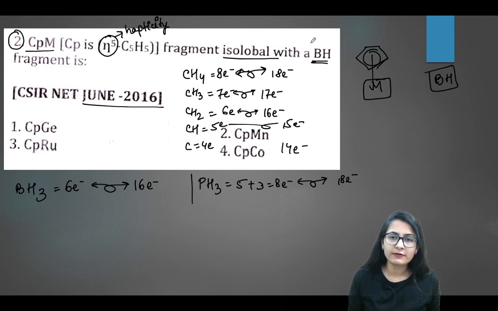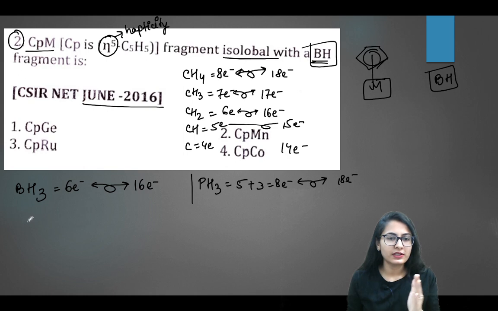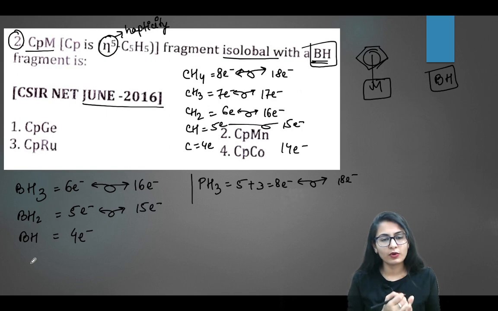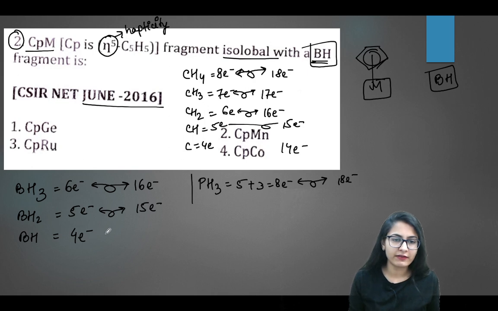For the BH fragment, we start with BH3 corresponding to 16 electrons. BH2 has 5 electrons, 1 electron short, corresponding to a 15 electron system, 3 holes. The BH fragment has 4 electrons. Why? Because boron has 3 electrons, 2s2 2p1, and 1 from the hydrogen, so BH has 4 electrons. It corresponds to a species having 14 electrons.